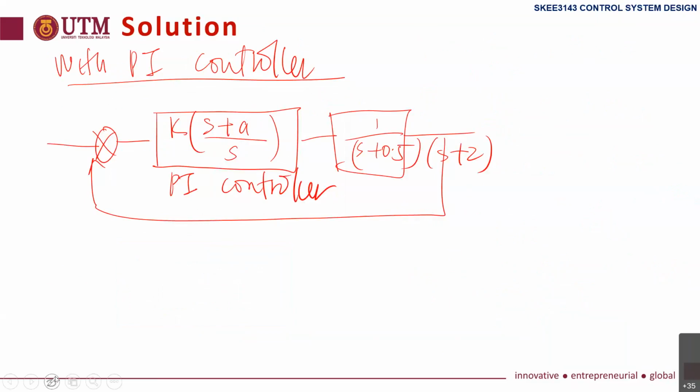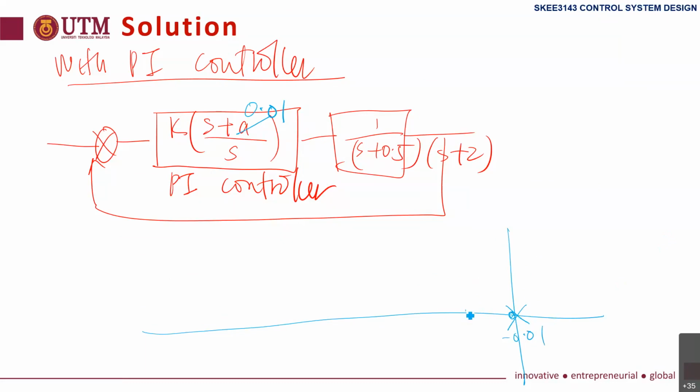The value of a must be small, can be 0.1, can be 0.01. Here I will take 0.01, small, near to the origin. Therefore we can draw another root locus. We have a pole here at the origin. We have another zero, very small, here at minus 0.01.